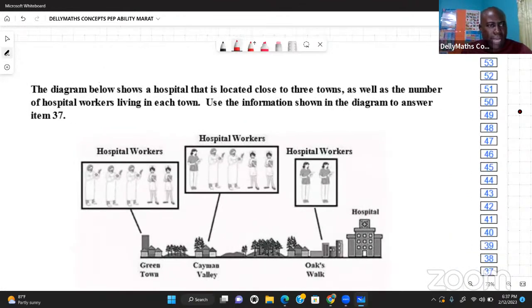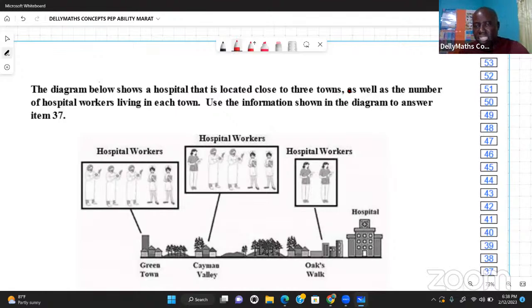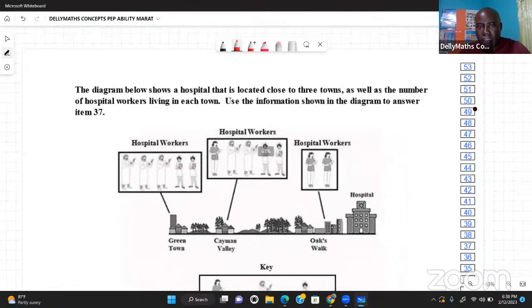All right. It says the diagram below shows a hospital that is located close to 3 towns, as well as the number of hospital workers living in each town. Use the information shown in the diagram to answer question 37.